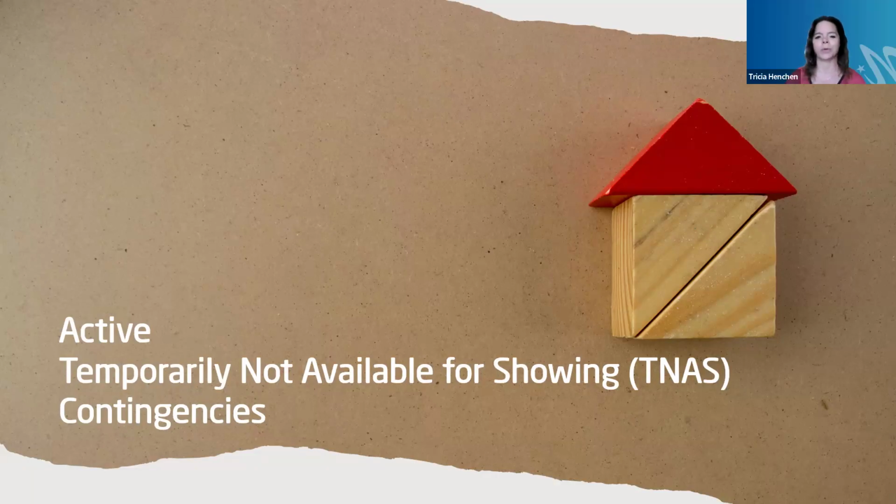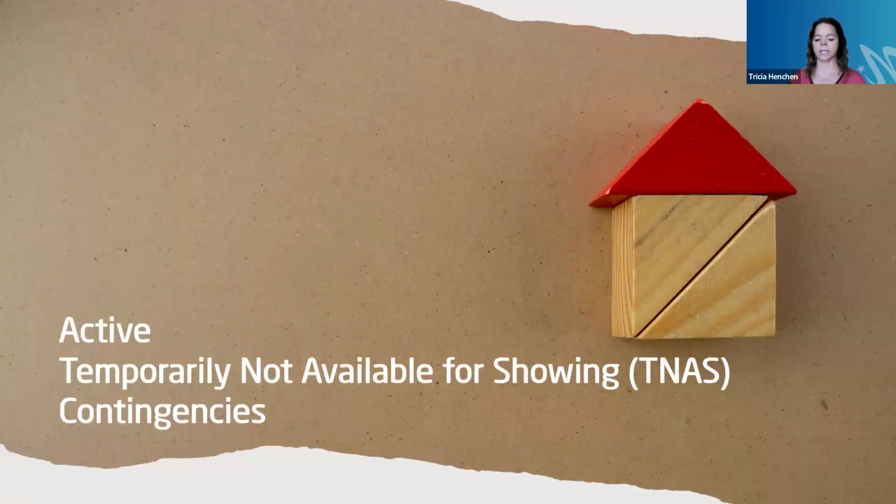Obviously we know you guys know what active means. But again, active does mean that it needs to be shown. So if it cannot be shown, that's where we jump over into Temporary Not Available for Showing. Basically, if your listing is not available within a 24-hour period, then you will put it into Temporary Not Available for Showing. There is one exception to that, which is rentals.